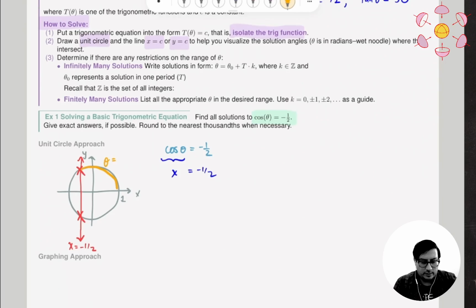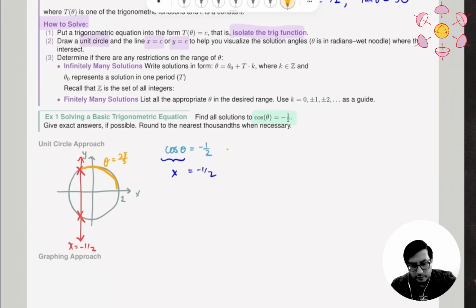This is -1/2 for cosine. I believe the reference angle is pi over 3 or 60 degrees. If you think about it in terms of the whisker method that I like to draw, it's going to be the top whisker right there. So that's going to be 2 pi over 3.